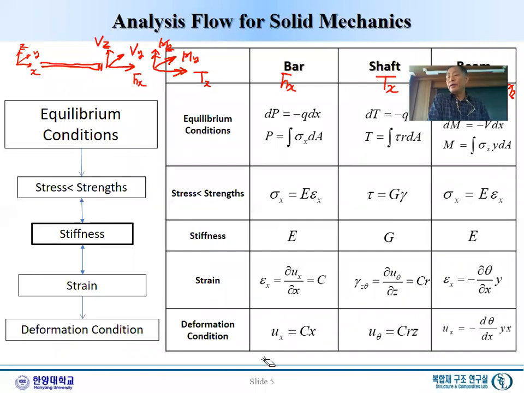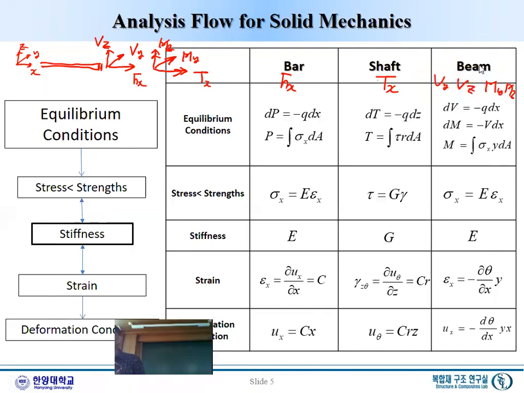In the very beginning, we briefly reviewed what kind of structures we cover in this class. Basically 3 structures: one is a bar, second a shaft, and third a beam. Geometrically, they are pretty much similar, meaning the cross section is very small compared to the length. I already mentioned this last week.